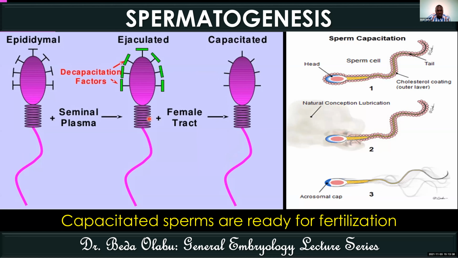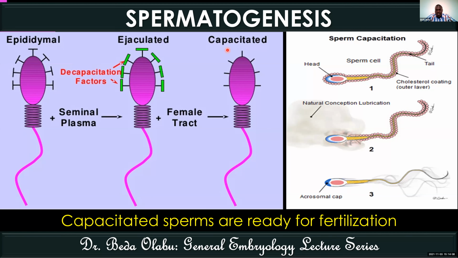Remember, we talked of sperms which were formed and then went to the epididymis, then decapacitation factors applied. So this is the sperm that will be ejaculated. When it reaches the female tract, the decapacitation factors are now removed. So capacitation is the removal of the decapacitation factors from the head of the sperm.